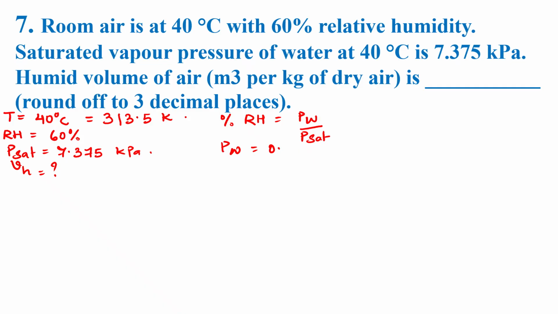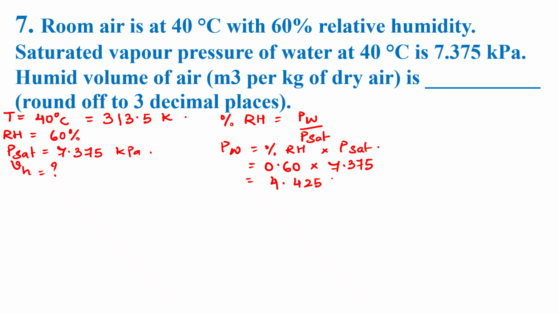Percent RH into Psat, or 0.60 into 7.375, or it is 4.425 kilopascal.